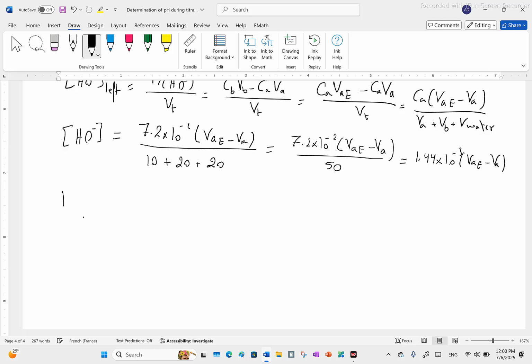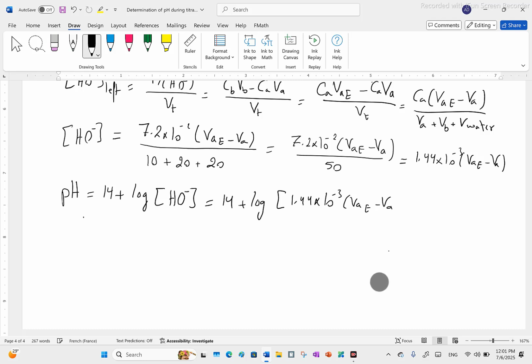Now pH equals 14 plus log concentration of HO−, equal to 14 plus log 1.44 × 10^-3 (VAE minus VA), equals 14 plus log 1.44 × 10^-3 plus log (VAE minus VA).